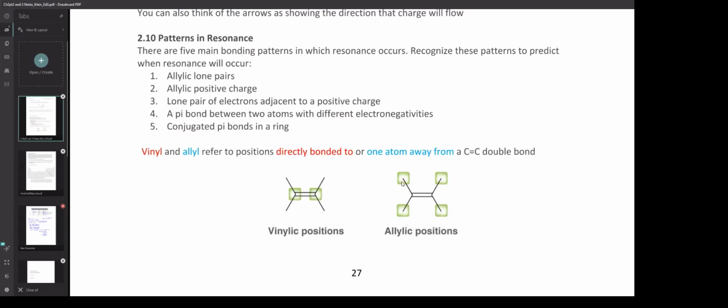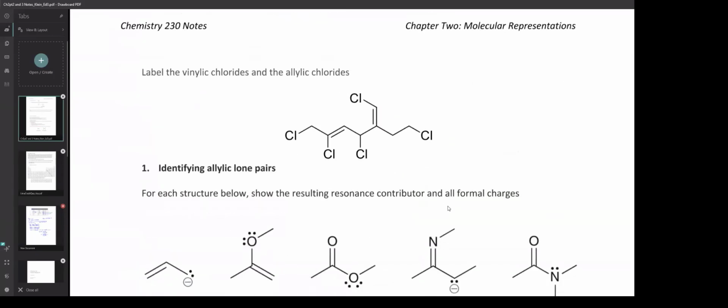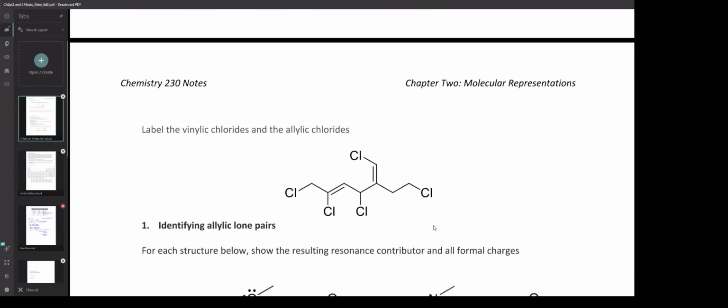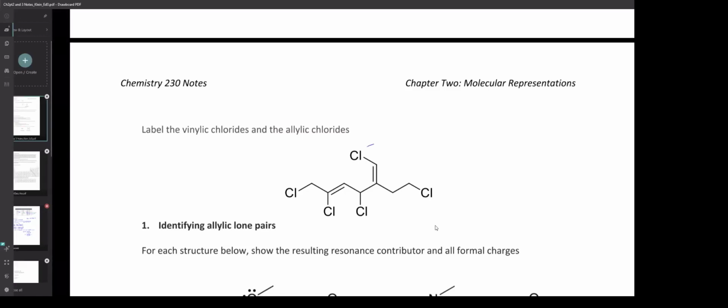Anything that's bonded to those is allylic. So if we were talking about whether something is vinylic or allylic, we just look in reference to what it's bonded to. So this chlorine is bonded to a carbon-carbon double bond, right? Anything bonded to a carbon-carbon double bond is vinylic.